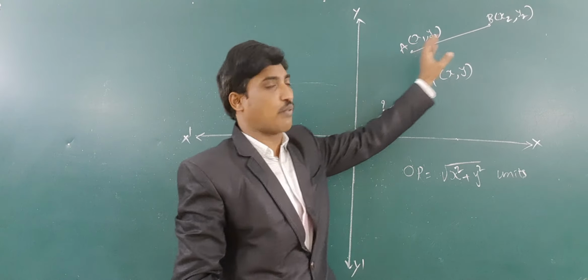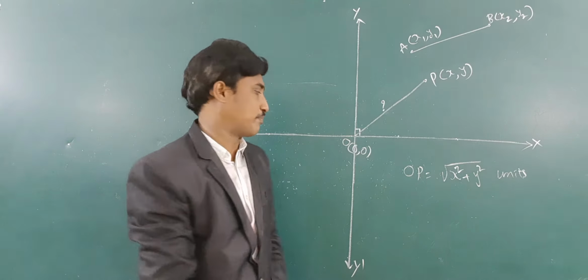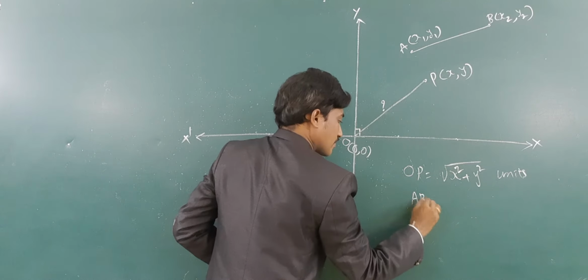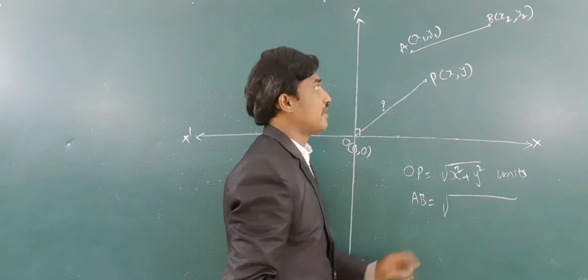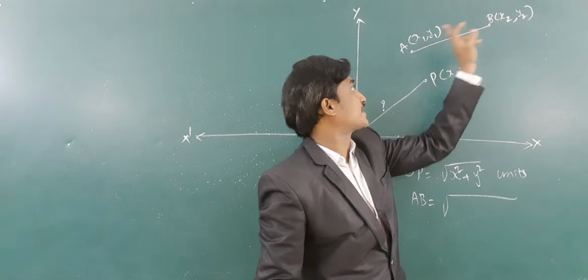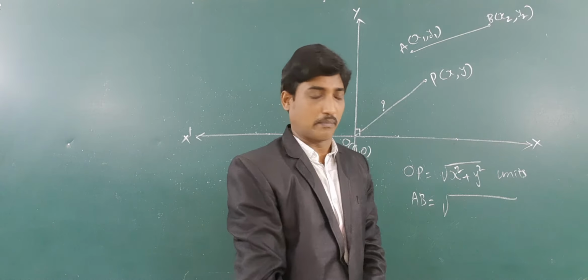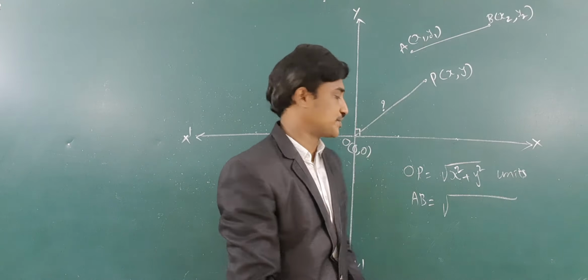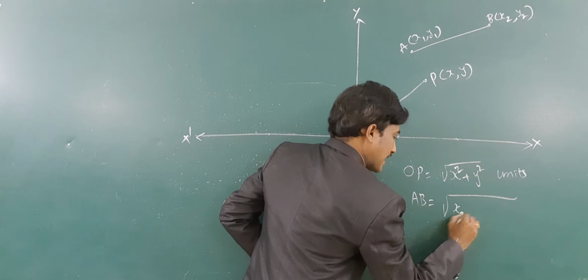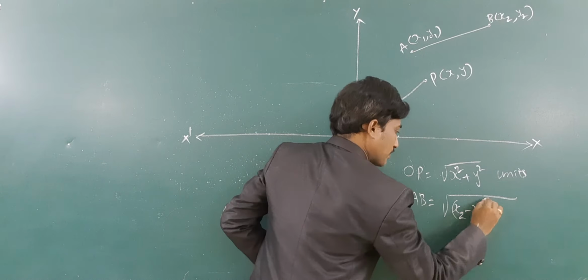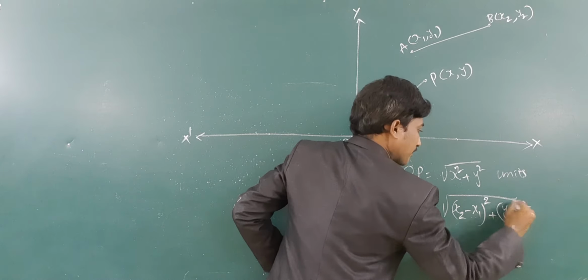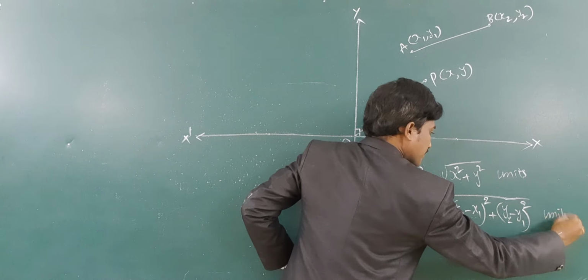The distance between 2 points on the coordinate plane AB is root of (x2 minus x1) whole square plus (y2 minus y1) whole square units.